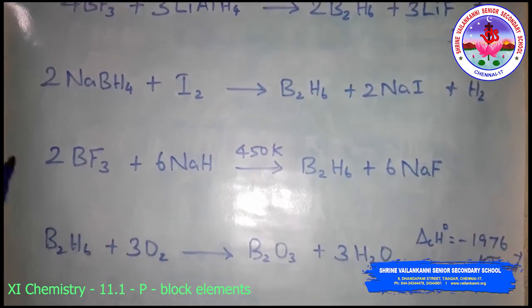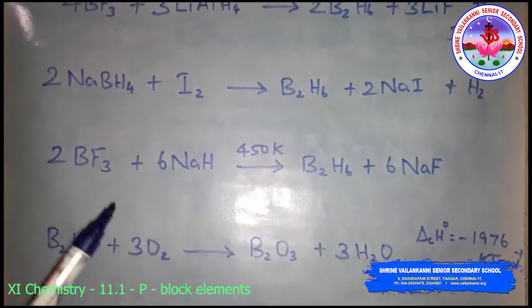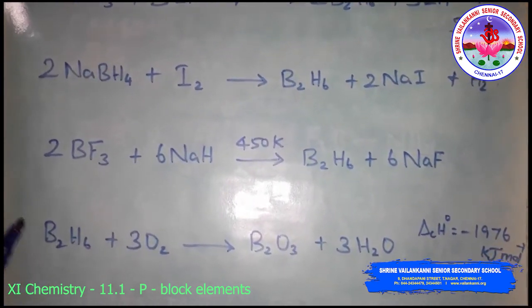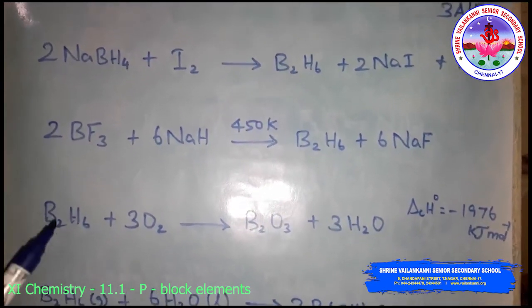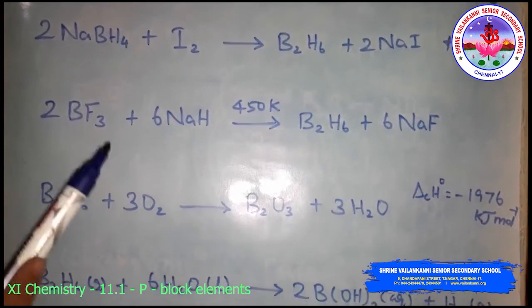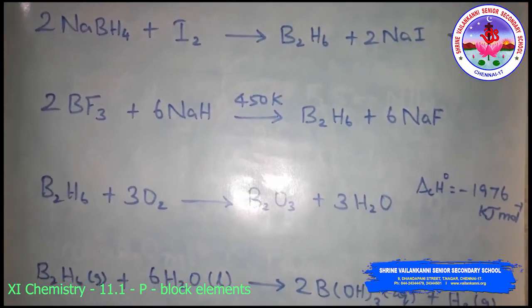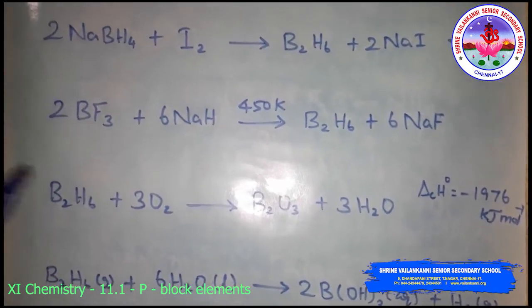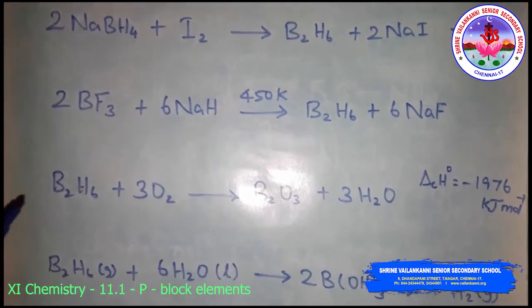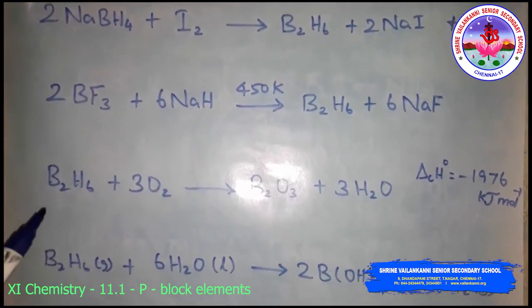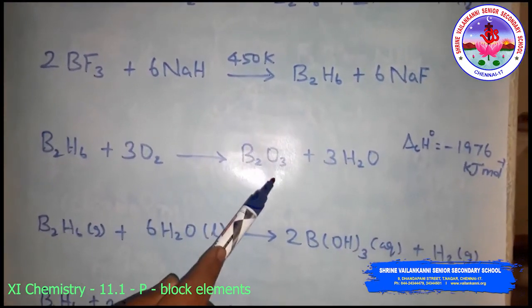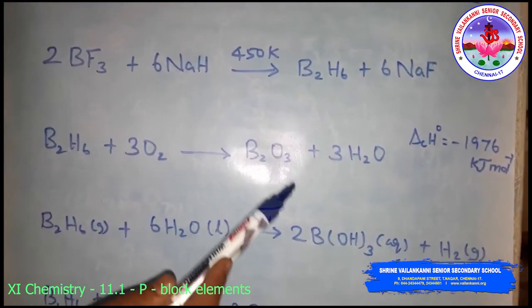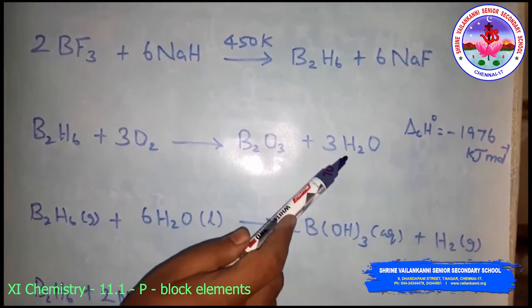Then diborane is a colorless, highly toxic gas. So the boiling point is 180 Kelvin. Diborane catches fire spontaneously upon exposure to air. So it burns in oxygen, releasing an enormous amount of energy. Here the diborane reacts with oxygen to form B2O3 and water molecule.